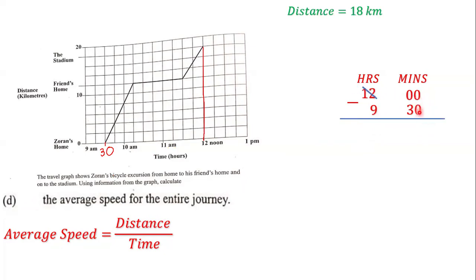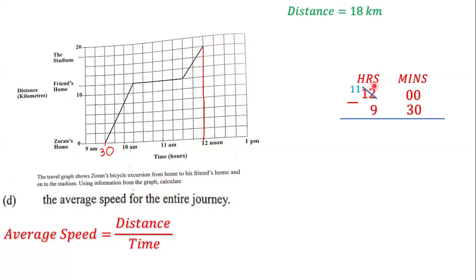0 minus 0 is definitely 0. But when we do 0 minus 3, we cannot do that. And so what that means is that we have to go over to the hour side and borrow a whole hour. So we take away a whole hour from 12, and that leaves us with 11 hours left.